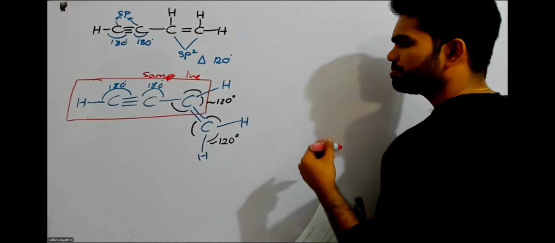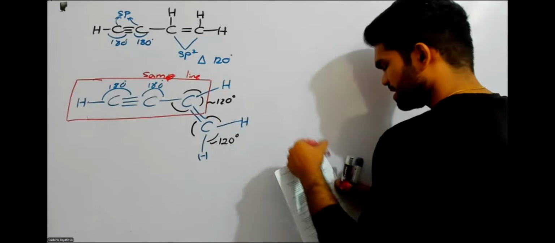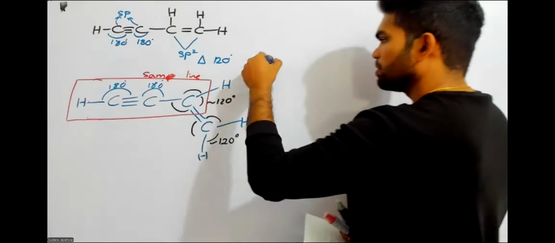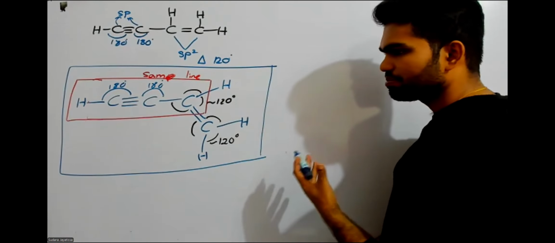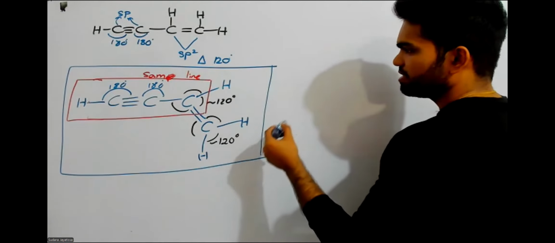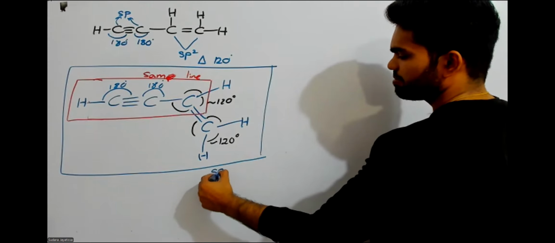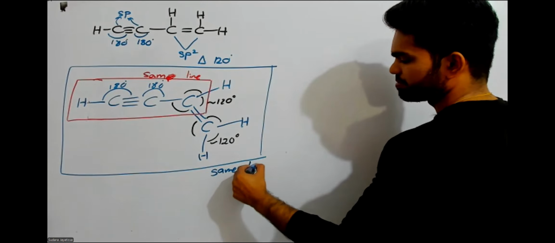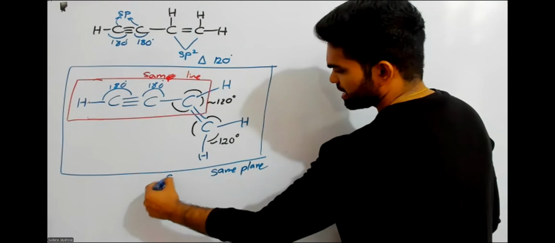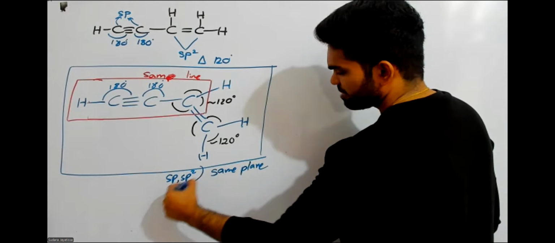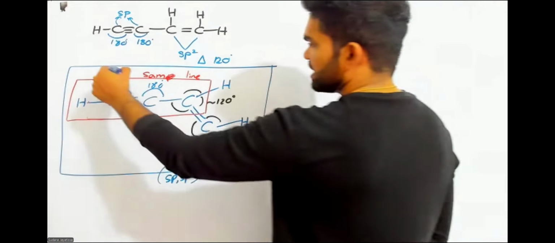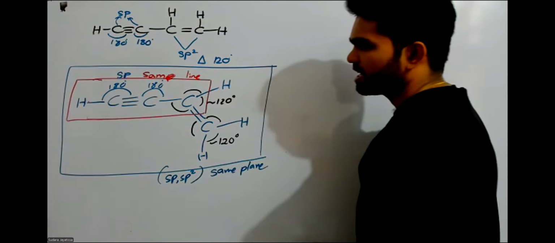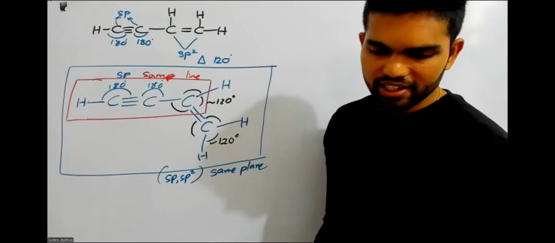And then what about the same plane? Same plane. All these atoms are in the same plane because I drew them on the board showing angles. The board is a plane, right? So here they are all in the same plane because sp2 hybridized atoms and their connected atoms are in the same plane, and sp hybridized atoms and their connected atoms are in the same straight line.